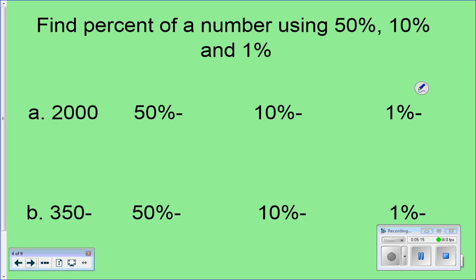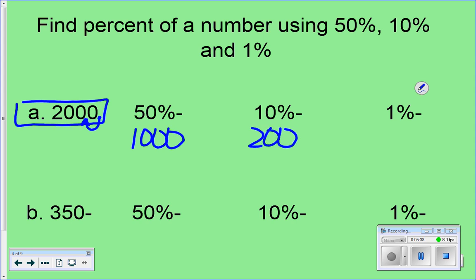So let's do some practice here, okay? Let's start with 2,000. Let's do some of this in our head. What's 50% of 2,000? 1,000, because you're just going to divide it by 2. What's 10% of 2,000? 200. Remember, I'm just going to move that decimal one spot, and I'm left with 200.